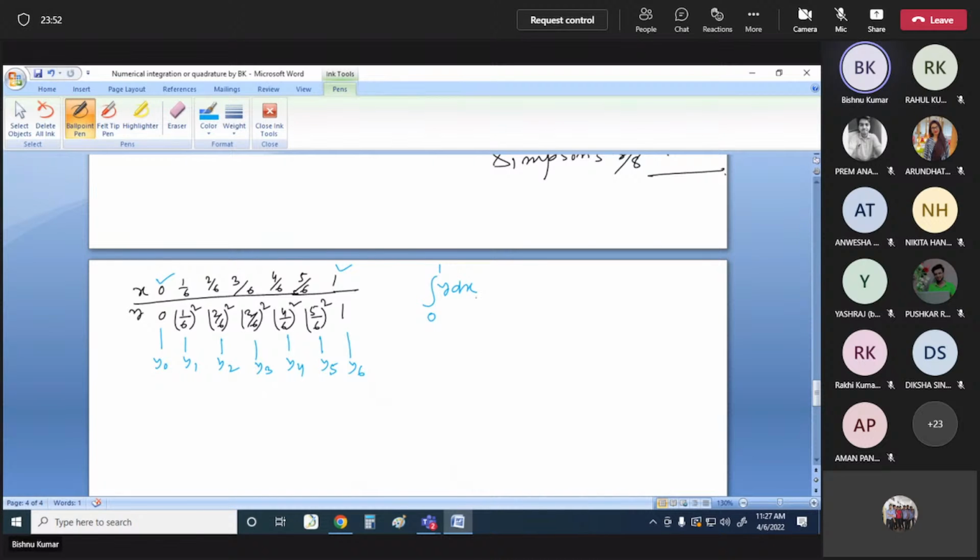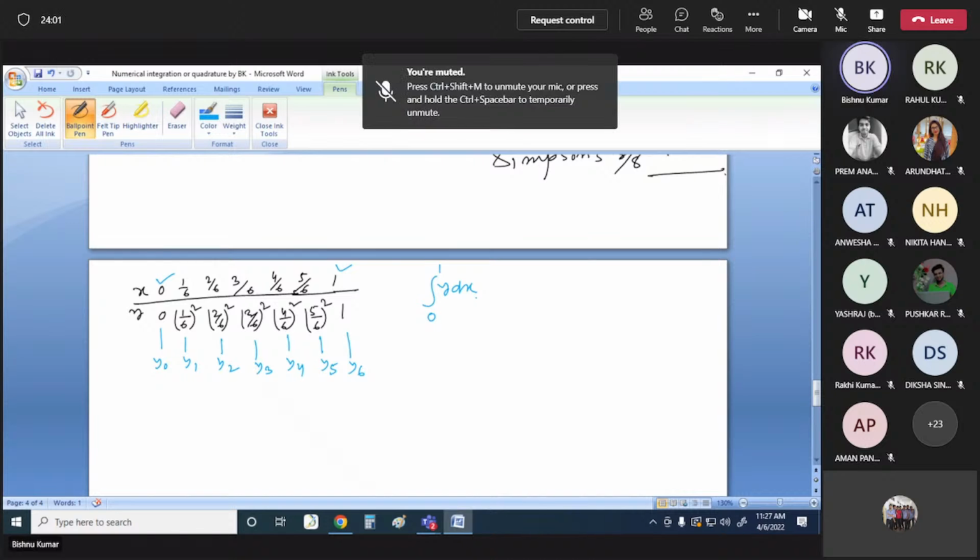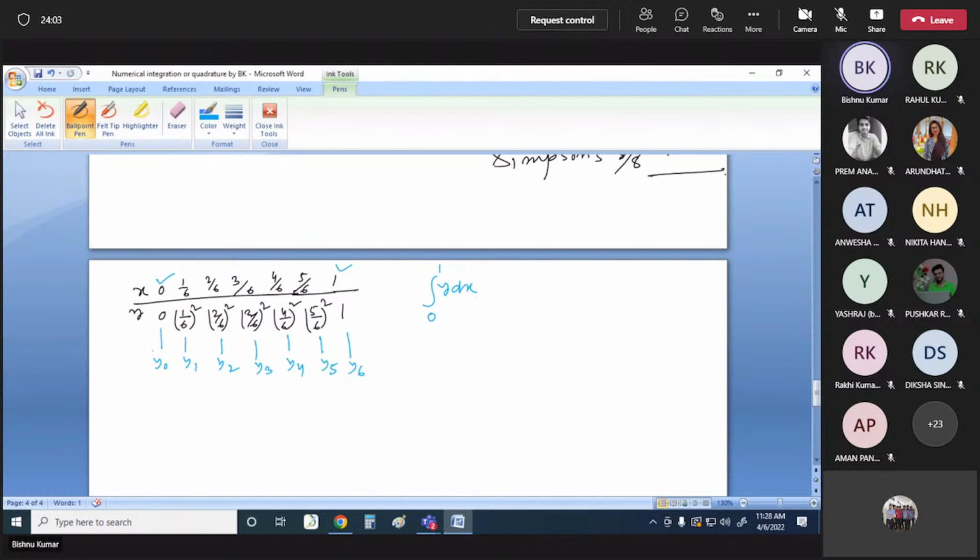Besides that, suppose you have 7 subintervals, you may be able to use this technique, but you will get more error. Why? Suppose the Simpson 3/8 rule is applicable for 3 intervals. These 3 intervals you apply, and these 3 intervals you apply. No point will be in excess or scarcity, so all y values will be considered, meaning the overall area is considered.